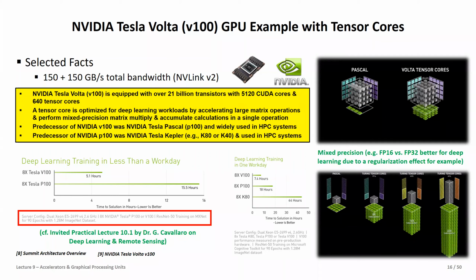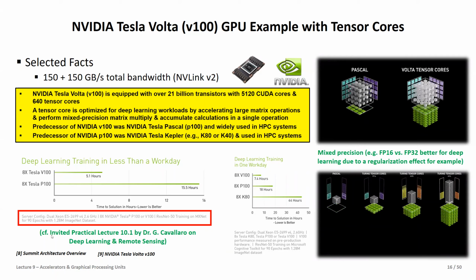But here, this is a really impressive idea that these tensor cores are really optimized for these workloads, while at the same time having a more mixed precision strategy for matrix multiplication and accumulation of calculations, and so can be much faster than having totally double precision computing performed.